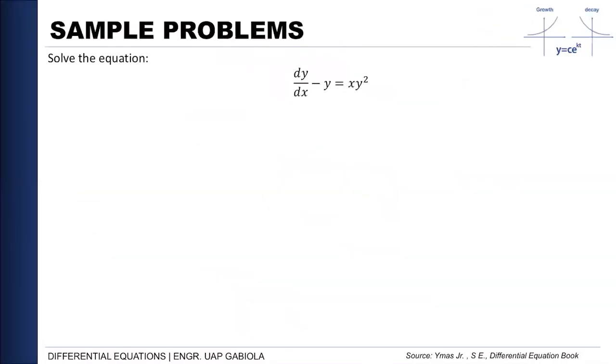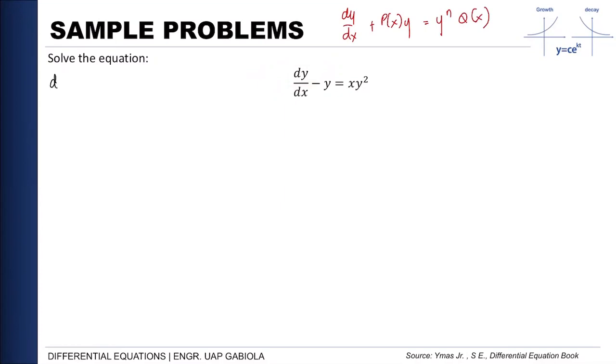We have to solve the equation dy over dx minus y is equal to xy squared. So that is our problem. First, let's check our form. Since y is our dependent variable, the form we will use is dy over dx plus p of x times y, and then we just have y^n times q of x.